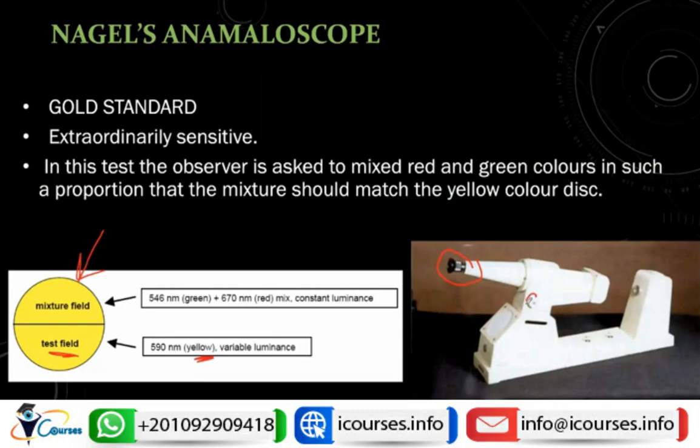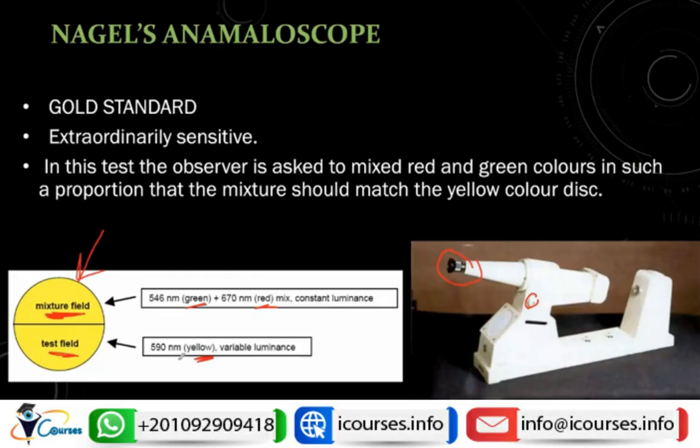The patient has some knobs that he can turn in order to mix two colors, like green and red. He will mix these colors in the mixture field, and he can see his result in this mixture field until he mixes these two colors to reach the yellow color that he can see in the test field.